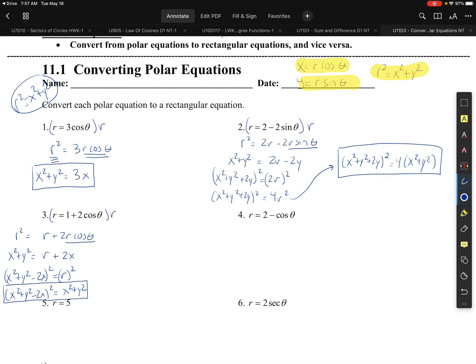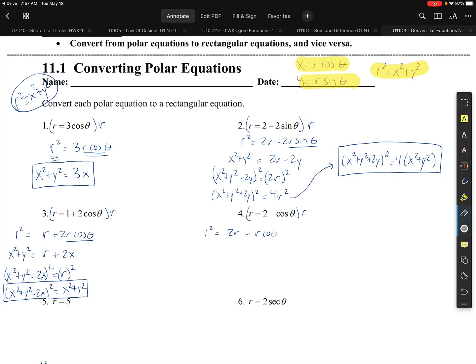Let's keep this going. Get r squared: r squared equals 2r minus r cos theta. What do I have there? x squared plus y squared. What does this become? That becomes x.